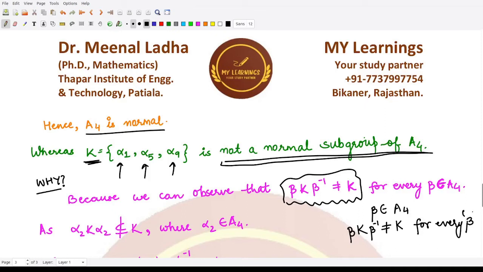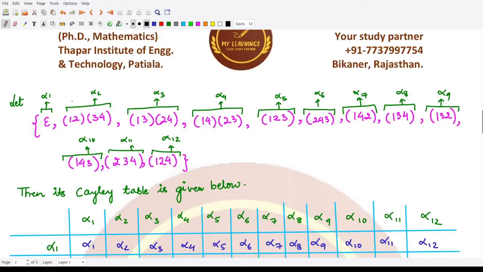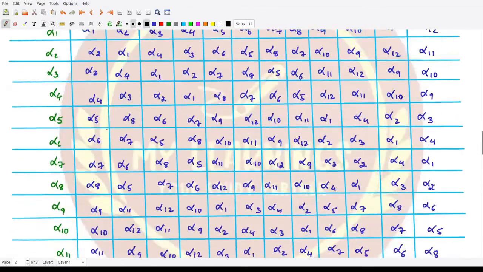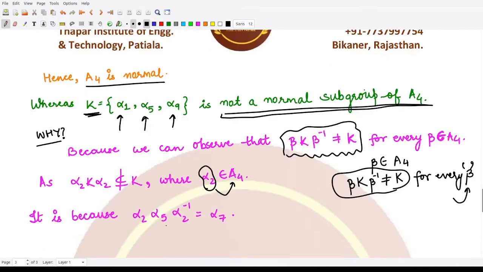Can we find some beta such that this condition is violated? Yes, we can. Suppose we take alpha 2 from A4. Now for this permutation, we apply it onto alpha 5, which is a member of K, with alpha 2 inverse.